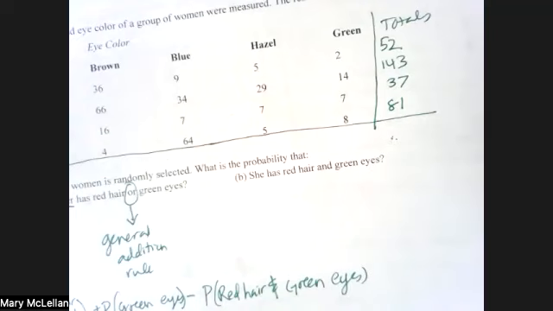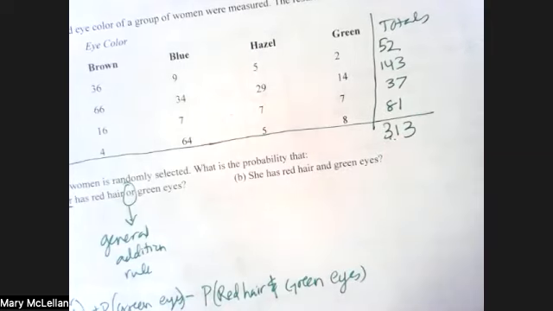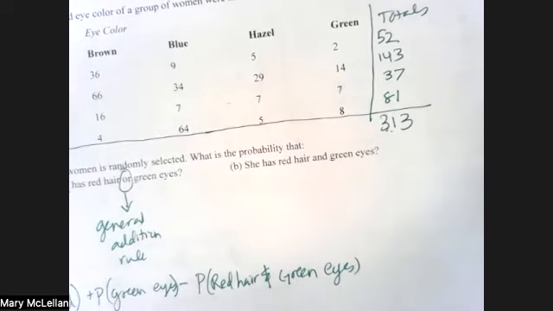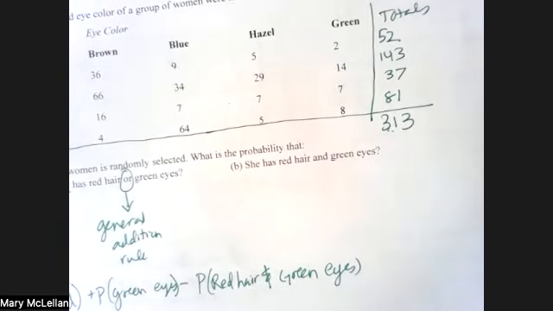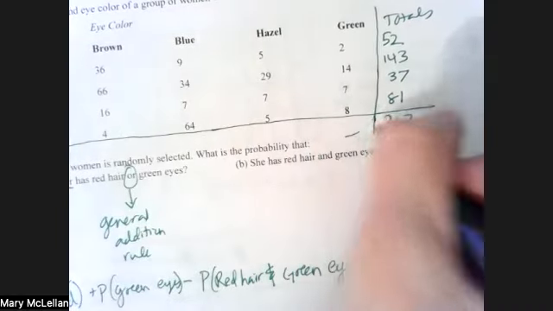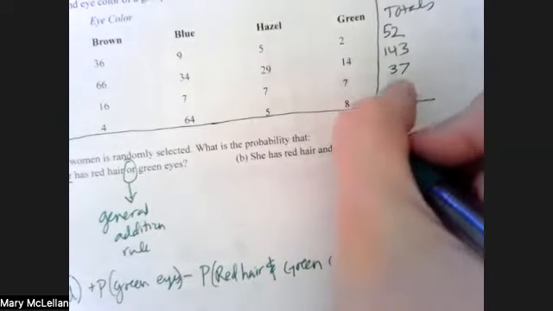To find the total number of students, I can add those numbers up. 52 plus 143 plus 37 plus 81 is 313. So there are 313 students. And I also need to know the total number of students with green eyes, so I'll find this as well. 2 plus 14 plus 7 plus 8 is 31.